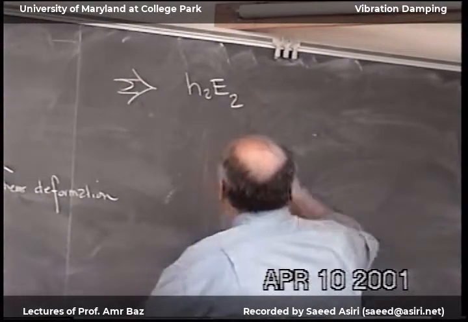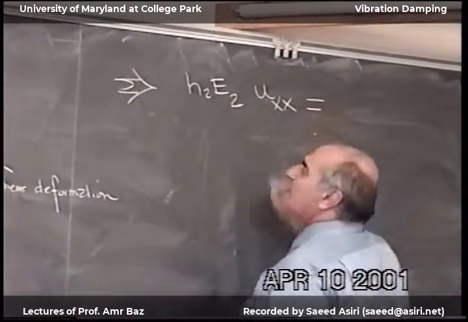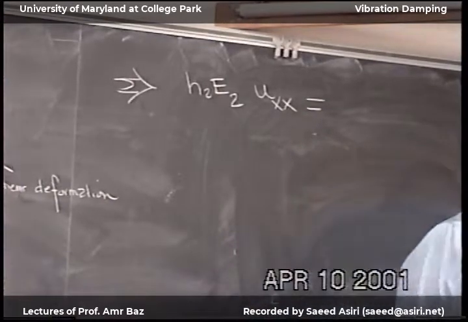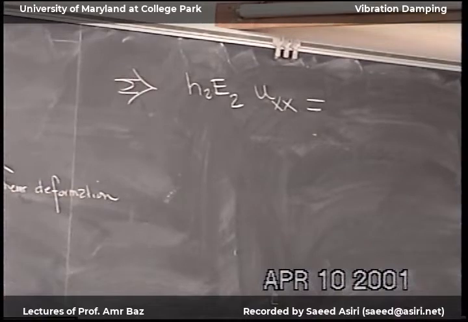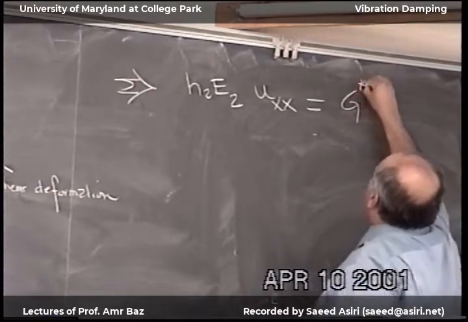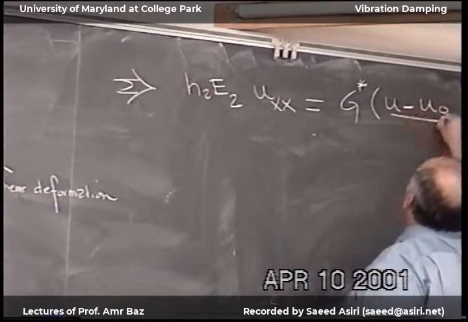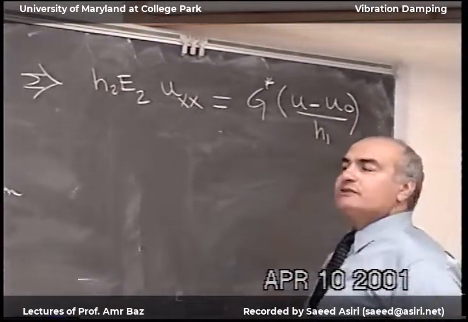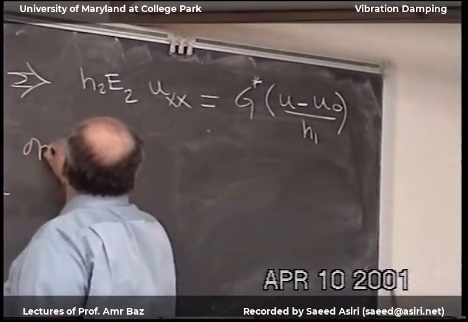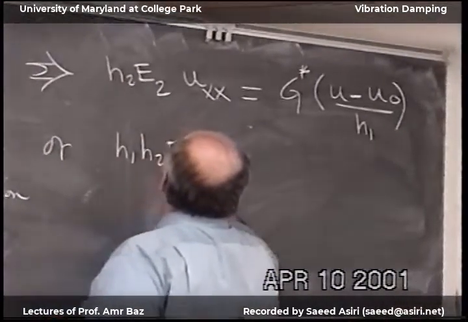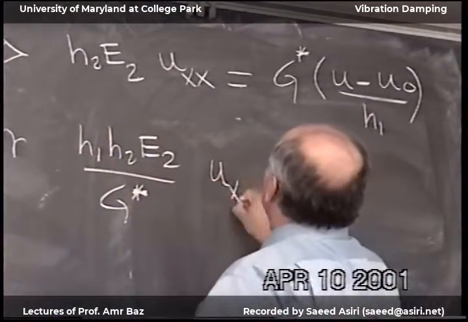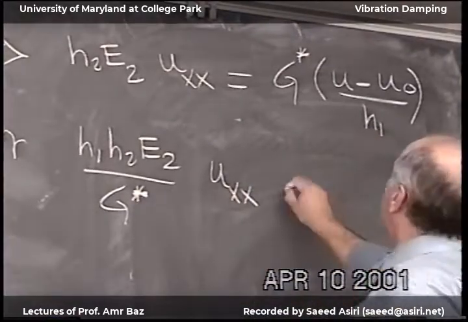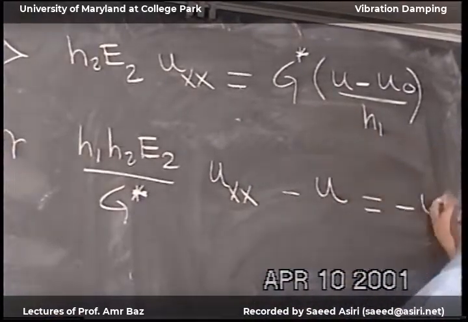E2, Ux and x is equal to, I'll replace the shear stress by what we have here from the constitutive equation. So this is G, U minus U0 over H1. And I'm going to clean this equation. So I'll have H1, H2, E2 divided by G asterisk, U, x, and x. And I'll bring the U here, and I'll leave this U0 here.